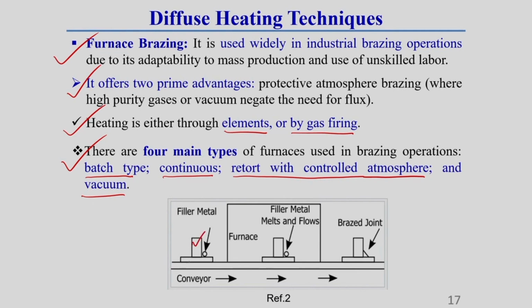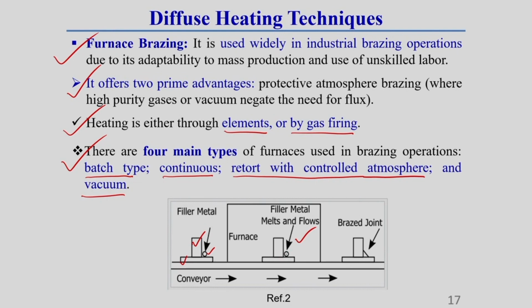Let us say this part and this part we are going to join to make a T joint. First of all we place this filler wire here; this circle represents the filler wire. This assembly is made outside of the furnace, after that we put this filler wire combined with these two pieces in the furnace. In the furnace, heating is done and the filler wire melts.